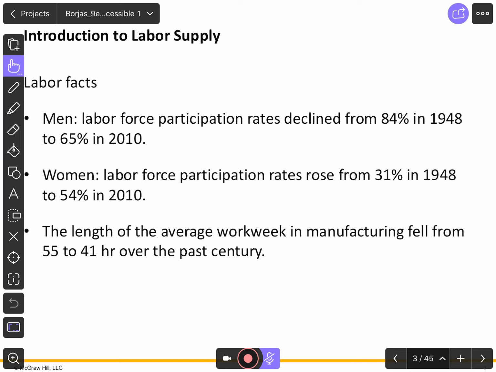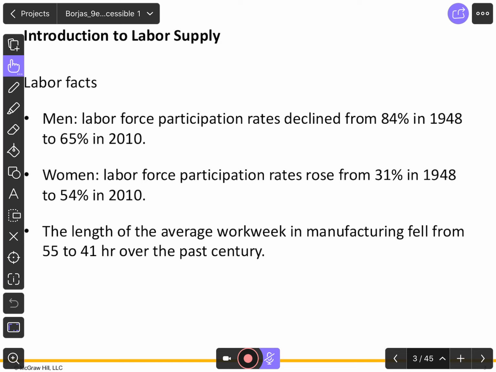And when we talk about labor supply, in other words, we are talking about labor participation rate. There is a terminology used by the Bureau of Labor Statistics, which is called the labor force participation rate. And the labor force participation rate is offered as a statistic over time, and it's offered per gender, per race.